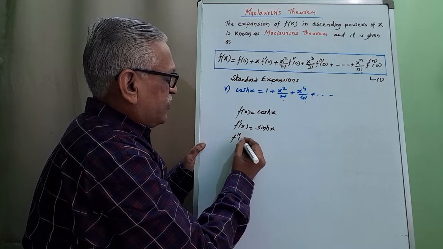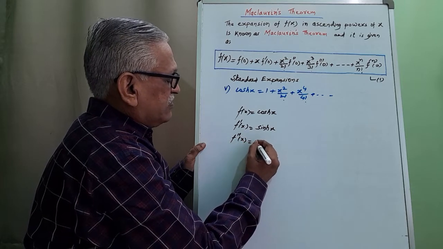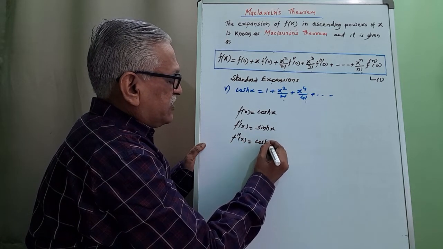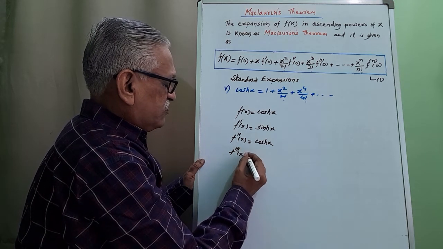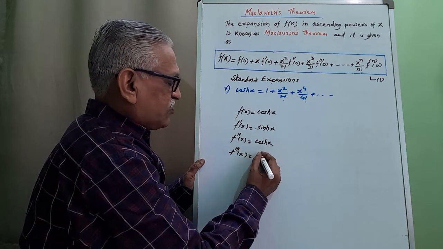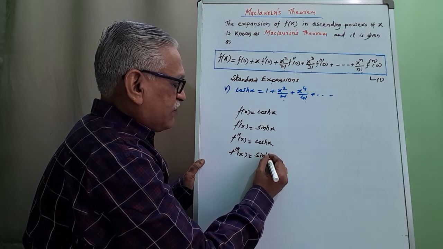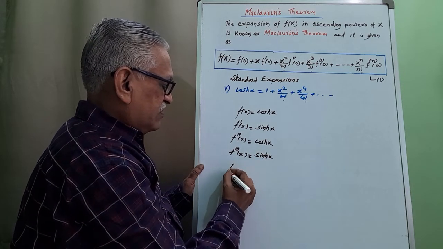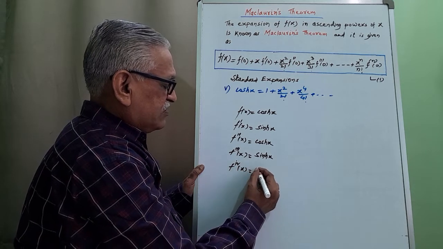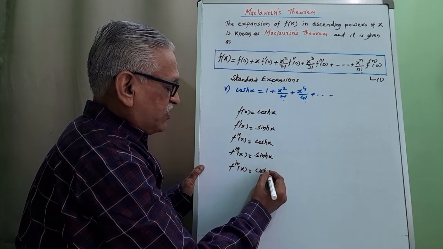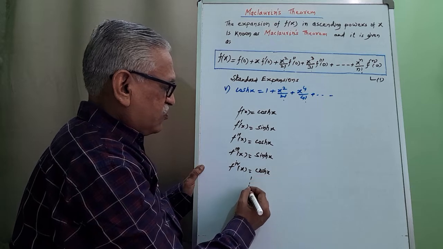Next, differentiating it, we get next derivative as cos hx. Third derivative, differentiation of cos hyperbolic is sine hyperbolic x. Next, fourth derivative as cos hyperbolic of x, and so on.